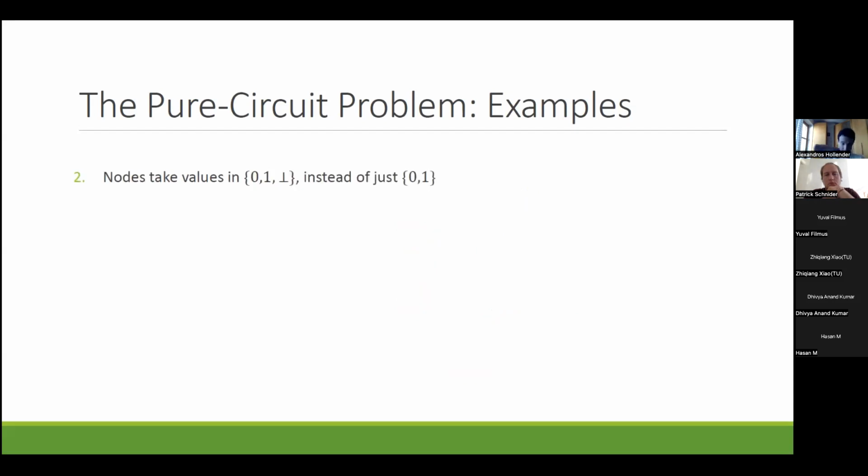The second thing that we mentioned earlier, the second particularity of this problem, is that we allow nodes to take values 0, 1, and this new garbage value. What would go wrong if we only allowed 0 and 1? Let's take a look at this example, which is a cycle of 3 NOT gates. What happens if I assign 0 to this node?